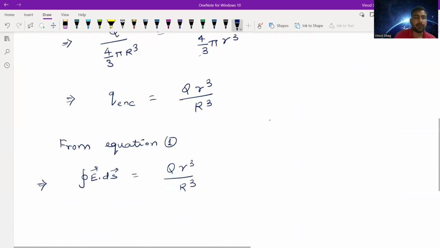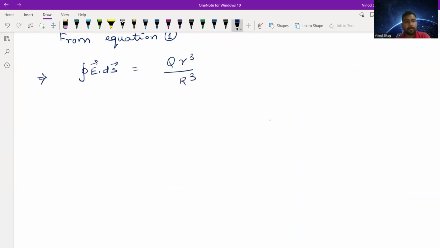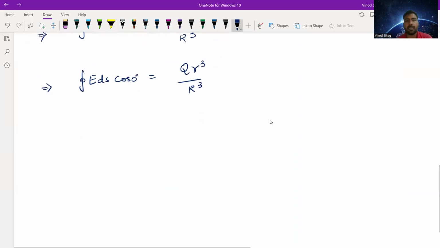And that's how we can write it: E dot ds cos 0 degree equals q r cube upon capital R cube, where capital R is the radius of the bigger sphere.